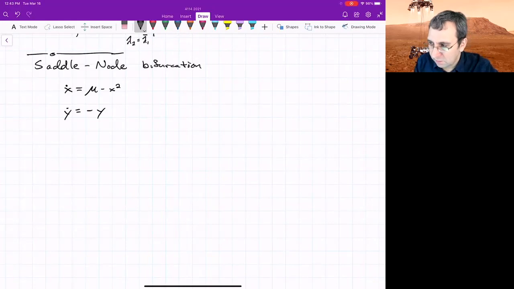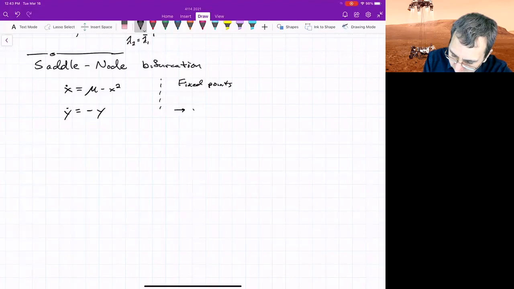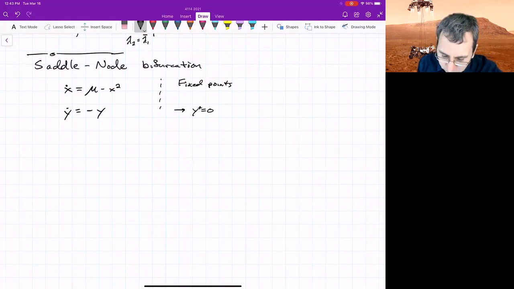And we can look at the phase portrait as we vary mu. What are the fixed points? Well, due to the y ODE, y star, for the fixed point, is always equal to 0. What about for x? So we set x dot equal to 0.